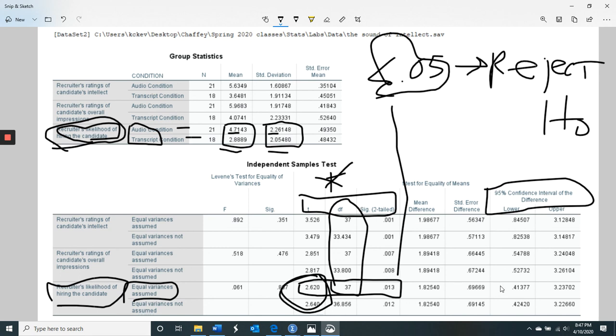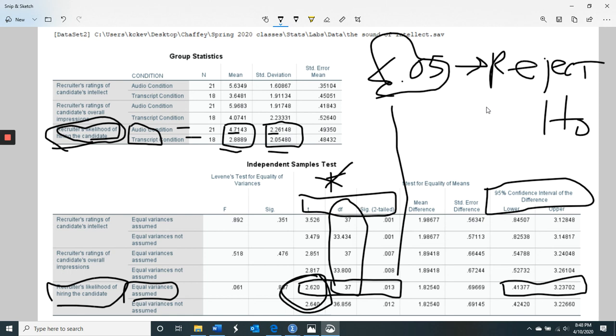The 95% CI was 0.41, comma, 3.24, end of parentheses. And again, with all these significant t-tests, we see that our confidence interval does not pass through 0.